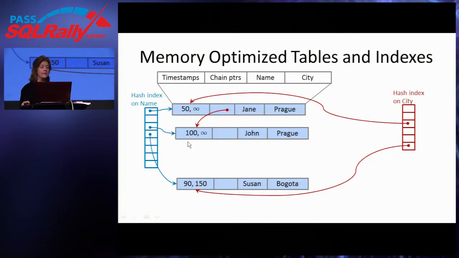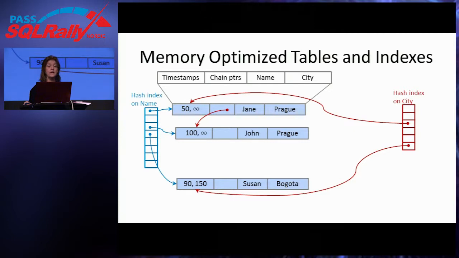And you can see in the rows the start and end timestamp. The first row, Jane in Prague, is valid from timestamp 50 and has not yet been deleted. So the end timestamp showing infinity basically means it's still there. It has not been deleted, and any transaction that starts after 50 will be able to see this row.